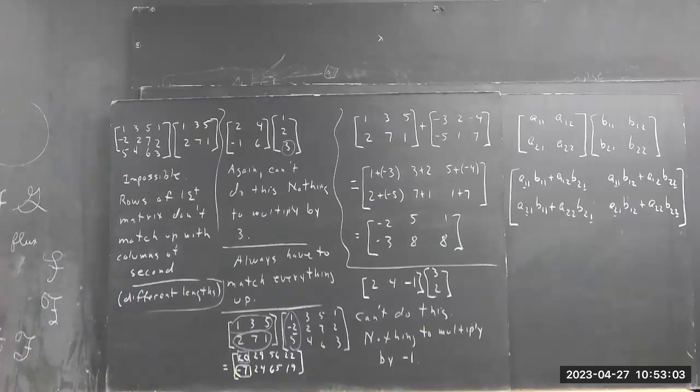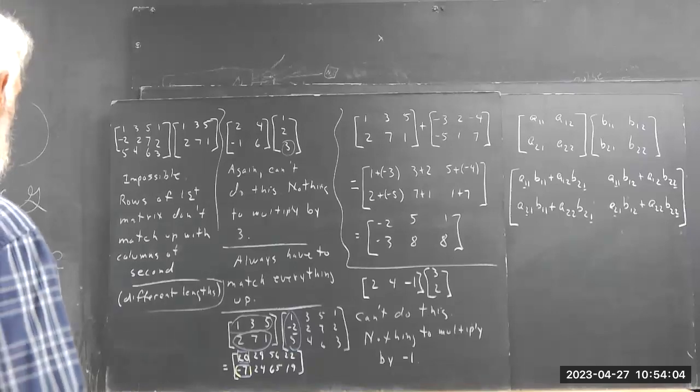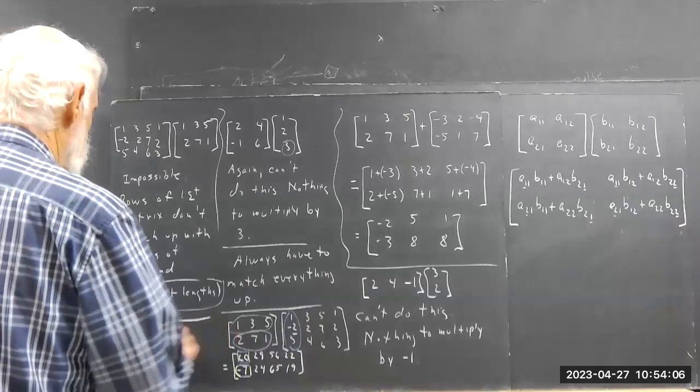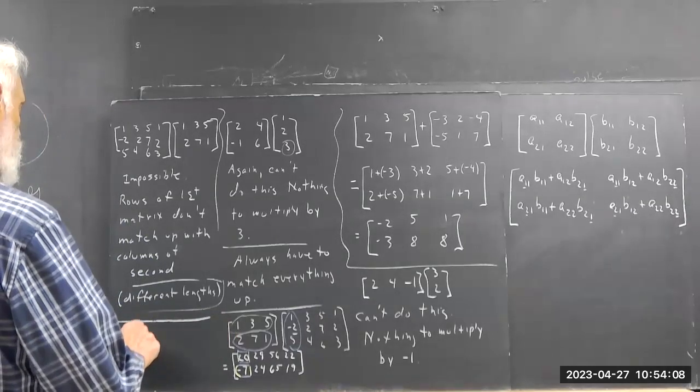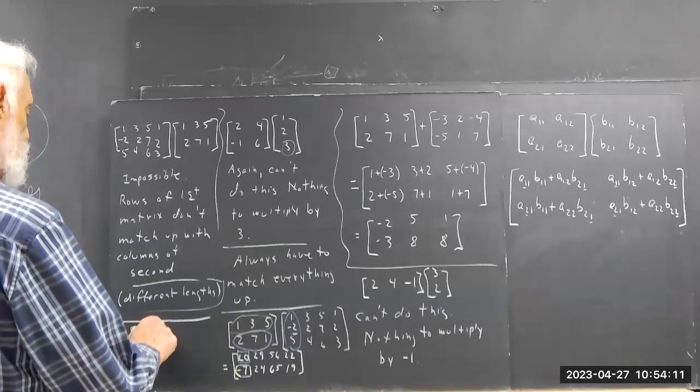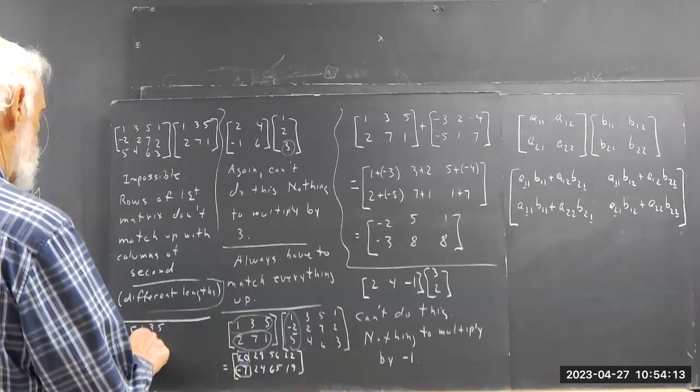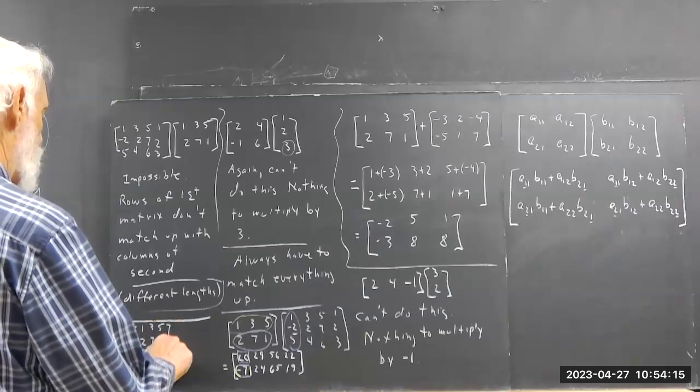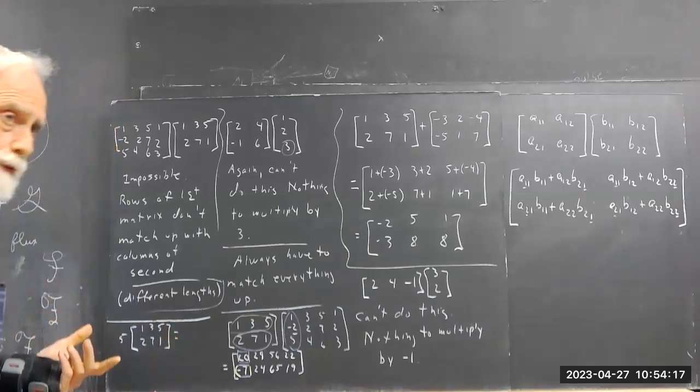Okay. Let's take a quick look. If I want to do 5 times the matrix 1, 3, 5, 2, 7, 1, what do you think I'd do?